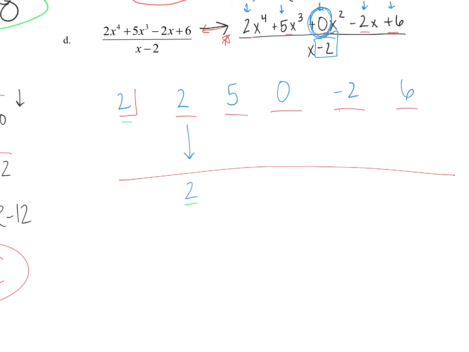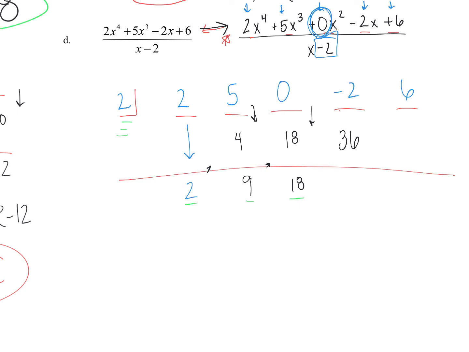So 2 times 2 gives me 4. And then we add. 5 plus 4 is 9. And then we multiply again. 2 times 9, which gives me 18. And then 0 plus 18 is 18. And then we multiply. 2 times 18, which gives me 36.